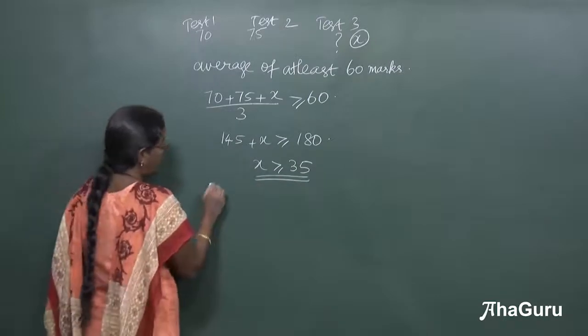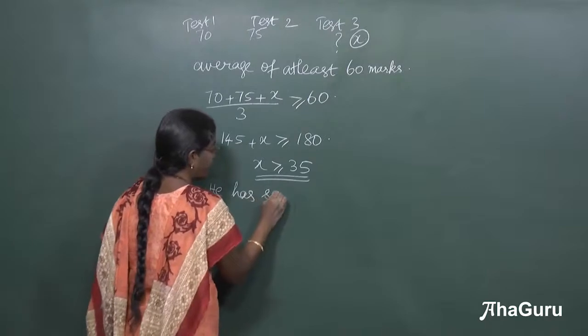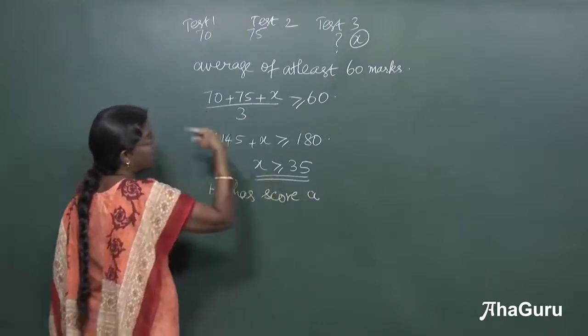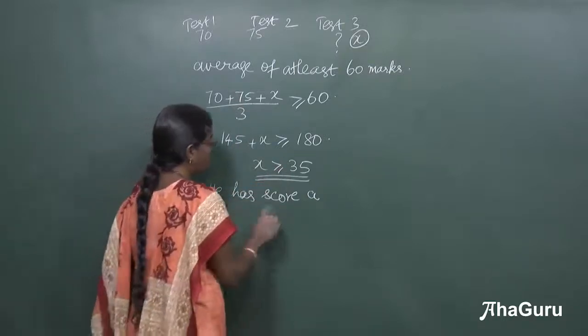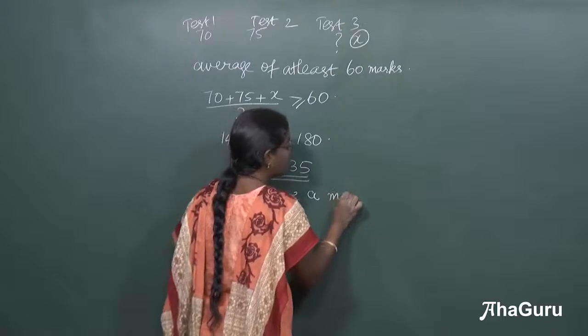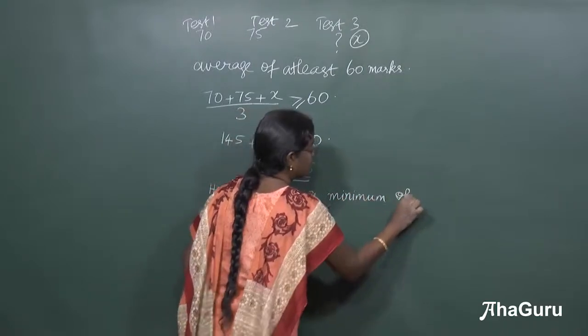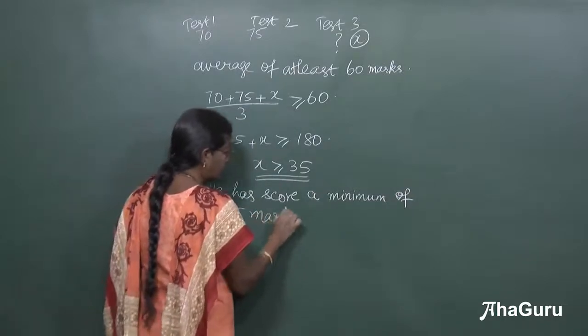So this person has to score a minimum of this x value, or the mark in test 3 should be greater than or equal to 35. So he has to score a minimum of 35 marks in test 3.